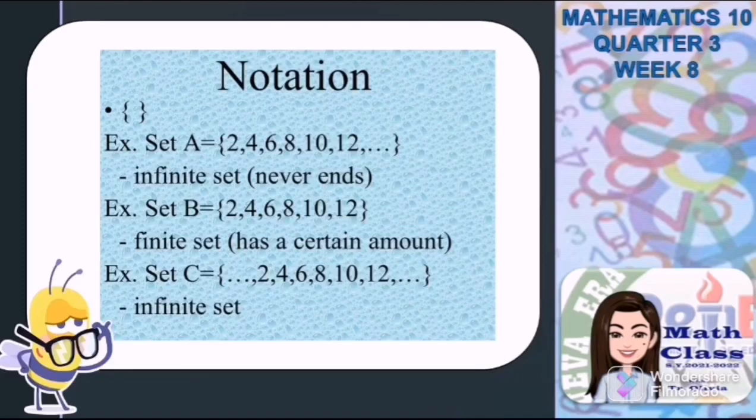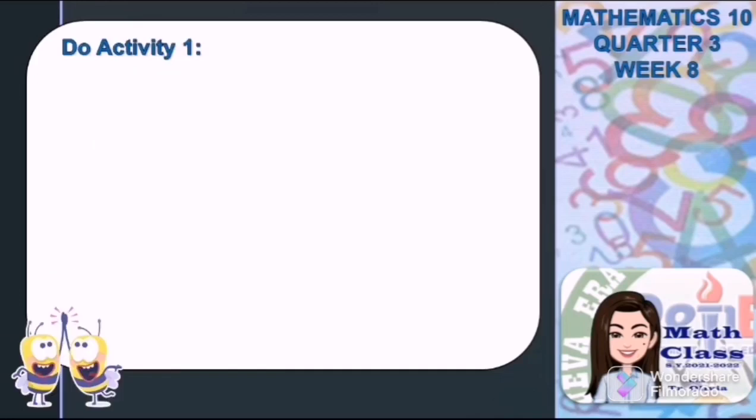Here are examples of sets. For set A, we have an infinite set. For set B, we have a finite set. And for set C, we have an infinite set also. Infinite set means it never ends, while a finite set has an endpoint.